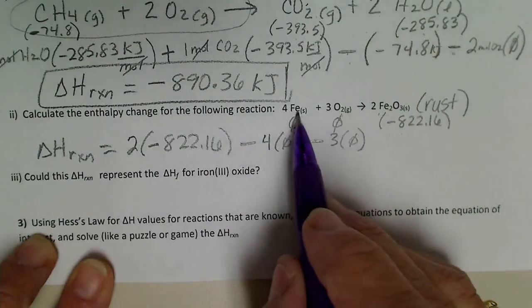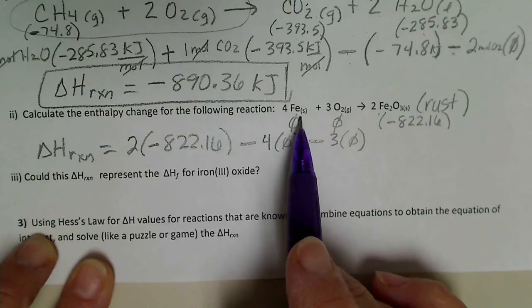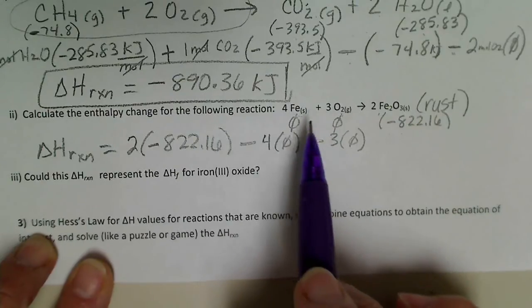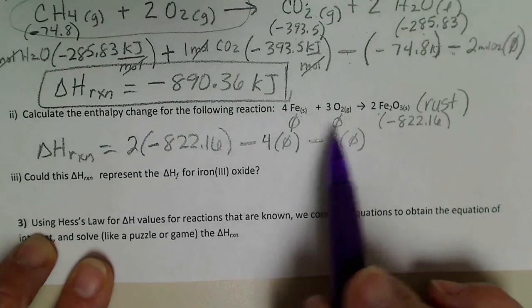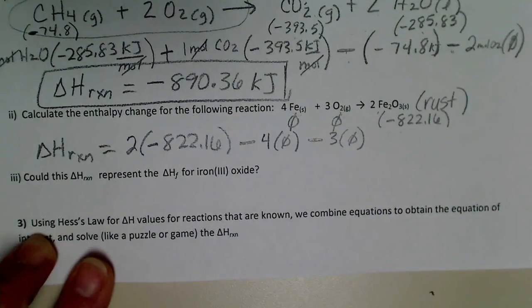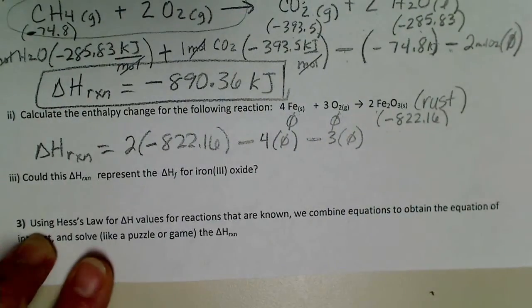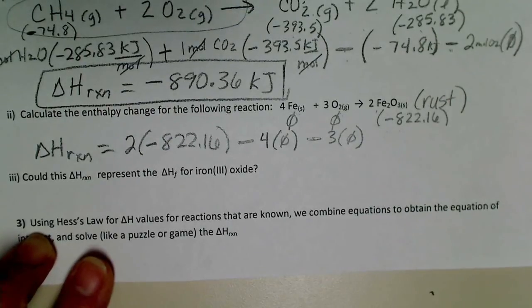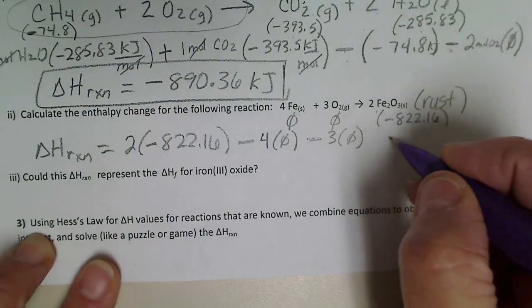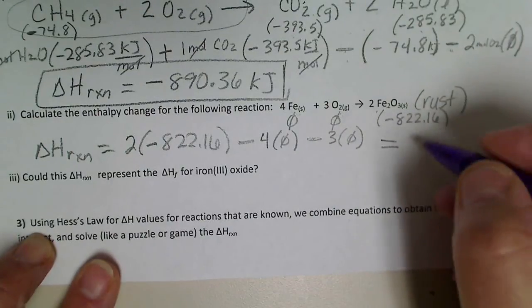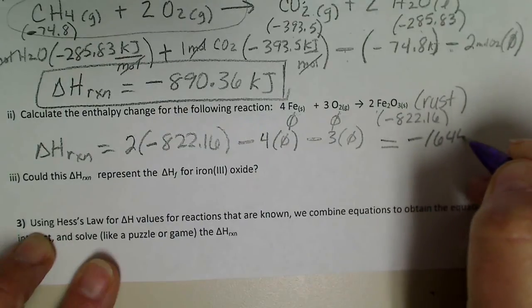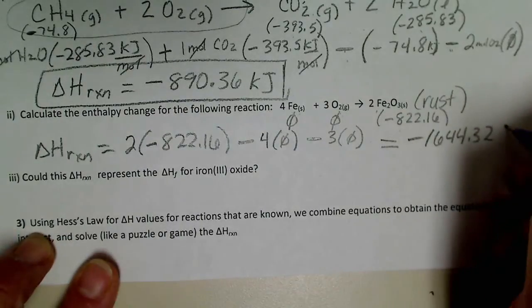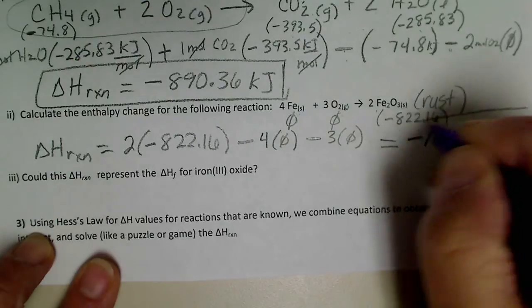So the reactants aren't always 0, but if any formula is an element, we'll see that those values are 0. So we just multiply this by 2. So the heat for this reaction would be negative 1644.32 kilojoules.